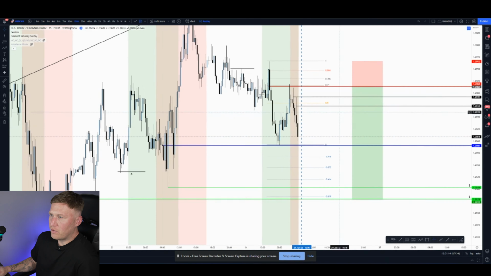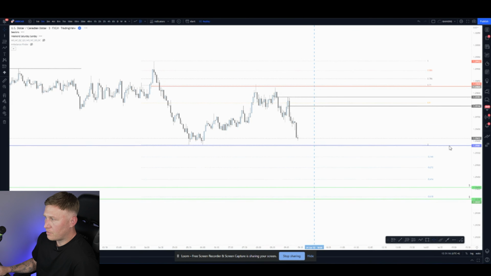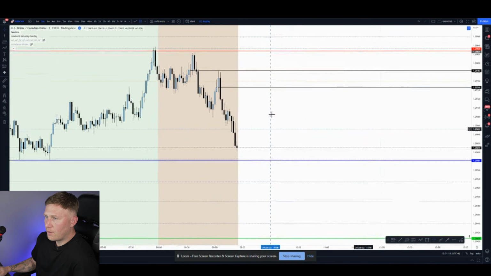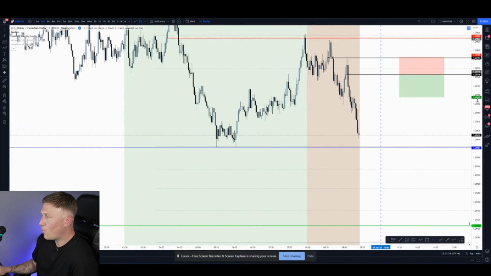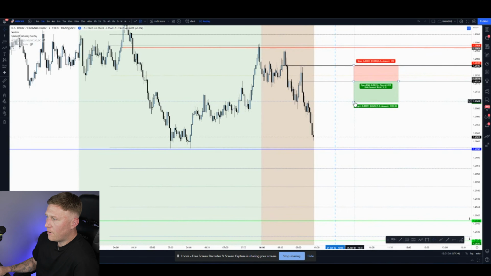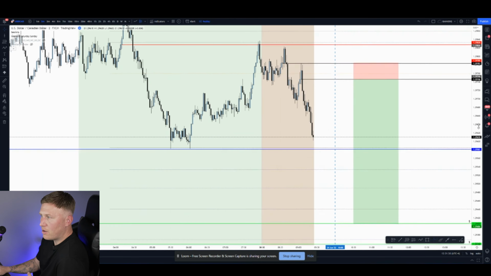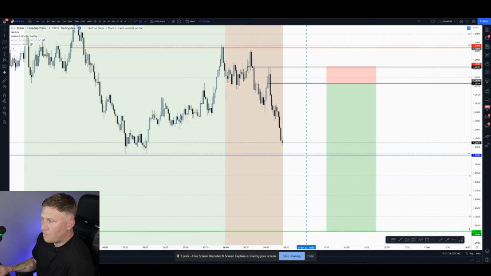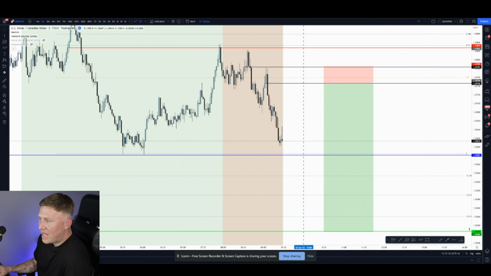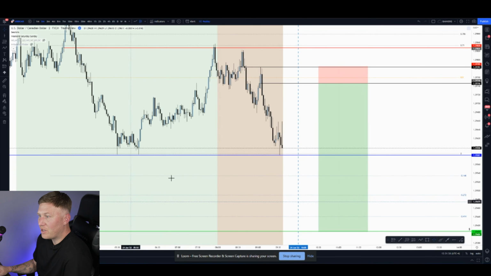Okay, so back to the 2-minute. Let's mark this up. Boom, boom. About a 3.9 pip stop. First low here, right around 8 3/4 on your money. We see price come down into this level again.